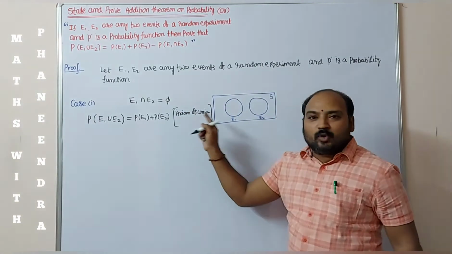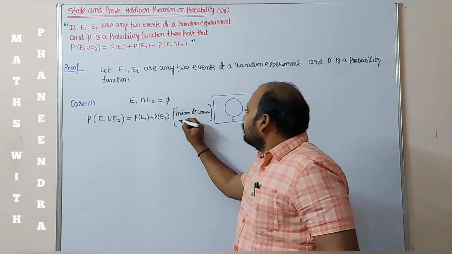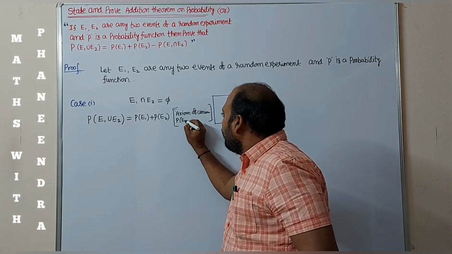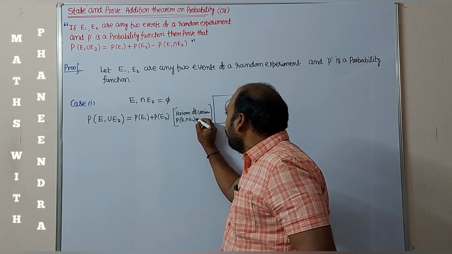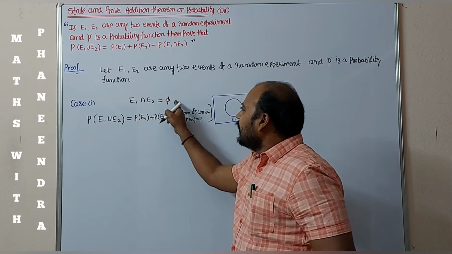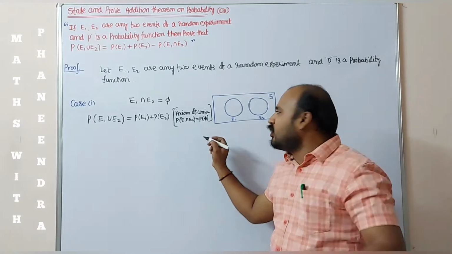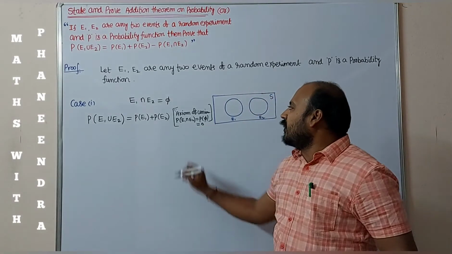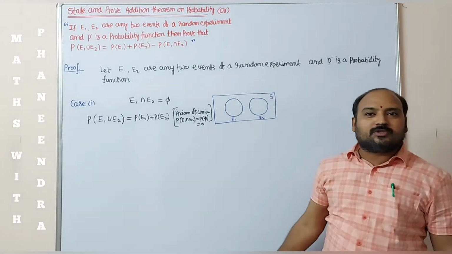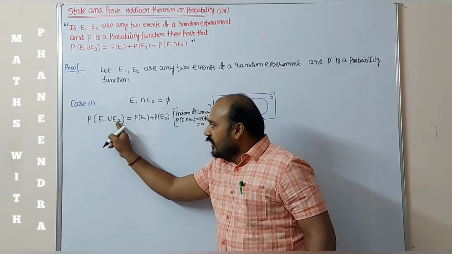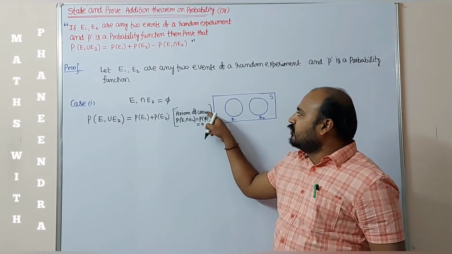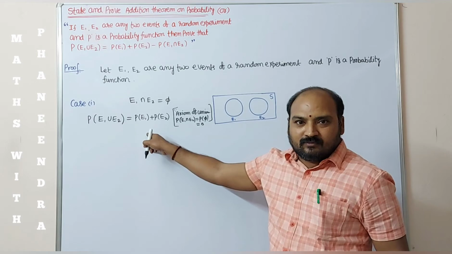In the axiom of union, E1 intersection E2 is equal to phi, probability of phi, probability of null set is equal to 0. So P of E1 intersection E2 equals 0. P of E1 union E2 equals P of E1 plus P of E2. That is called axiom of union.